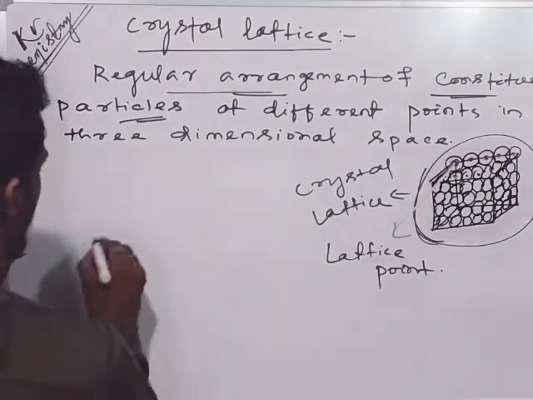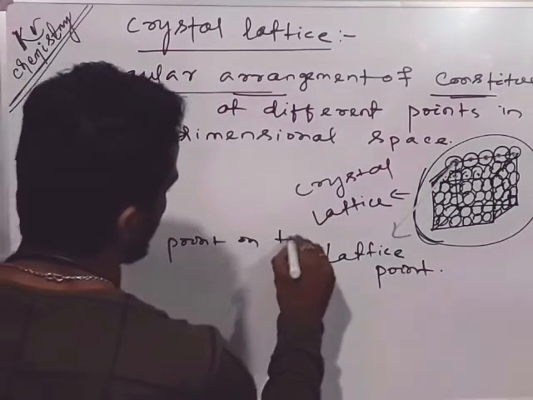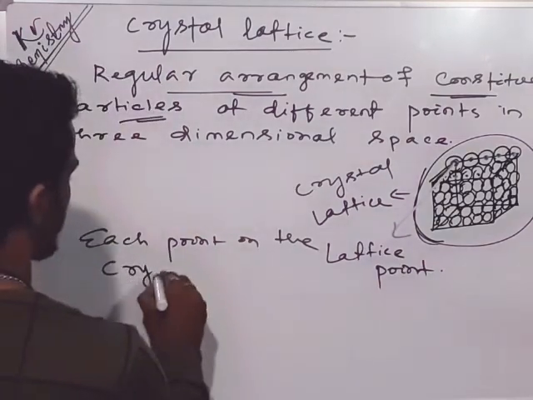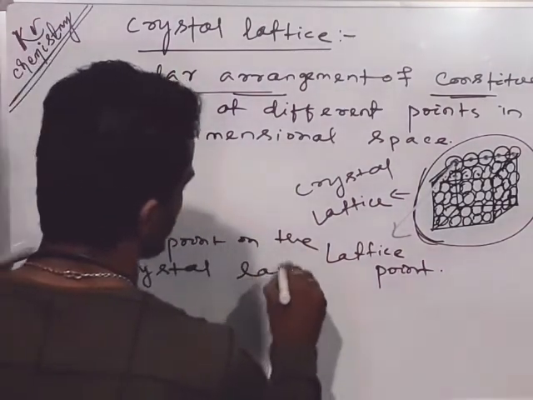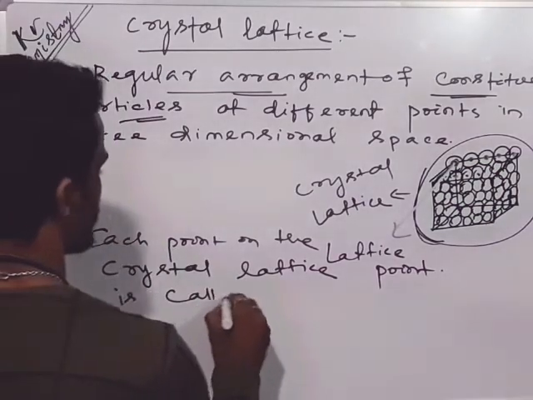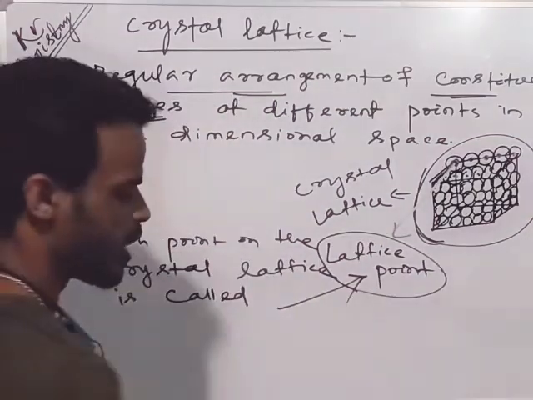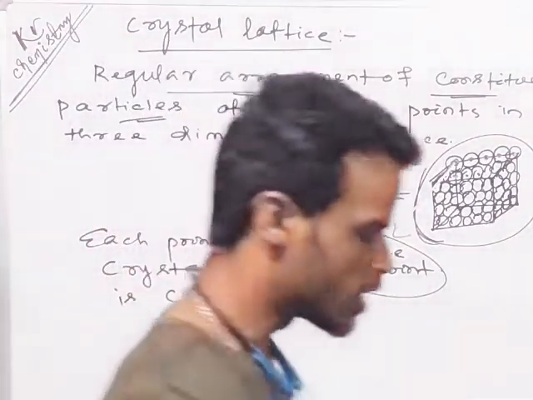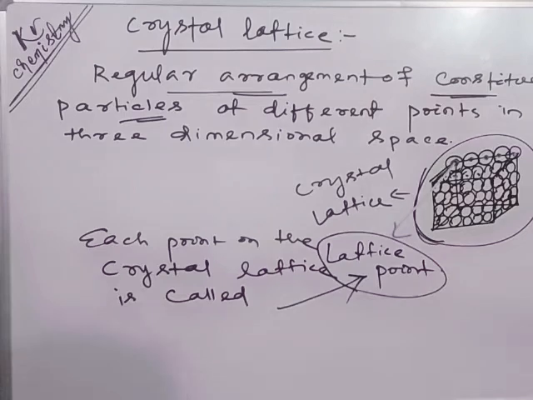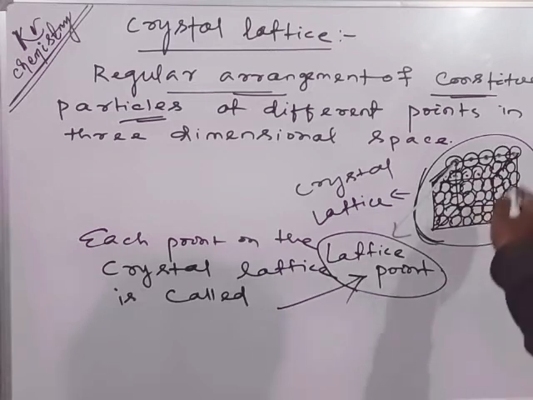Means each point on the crystal lattice is called a lattice point. Each and every point in the crystal lattice is called a lattice point.